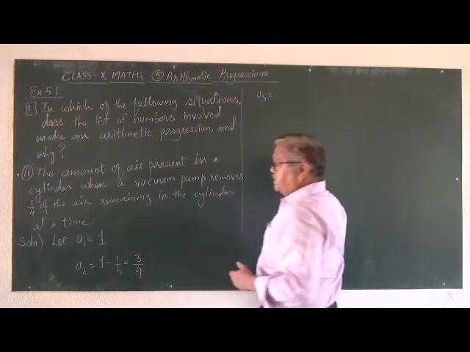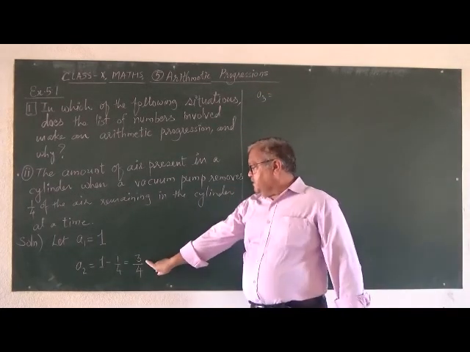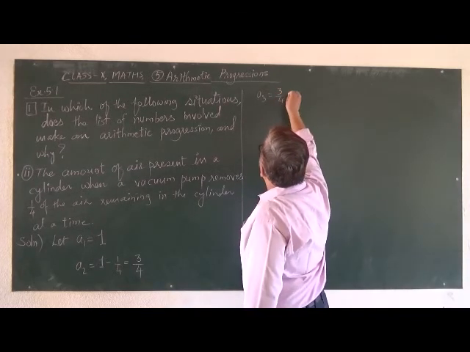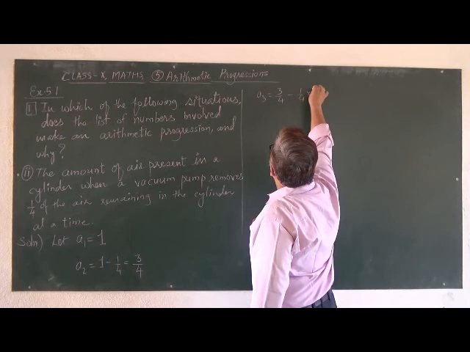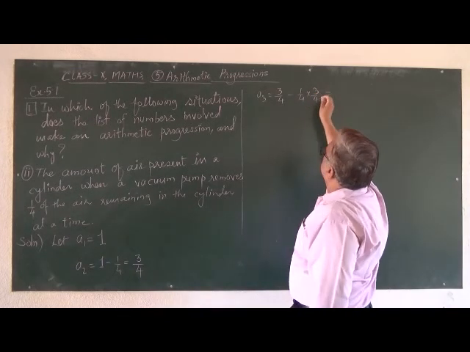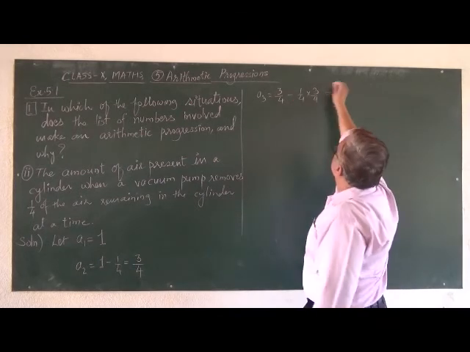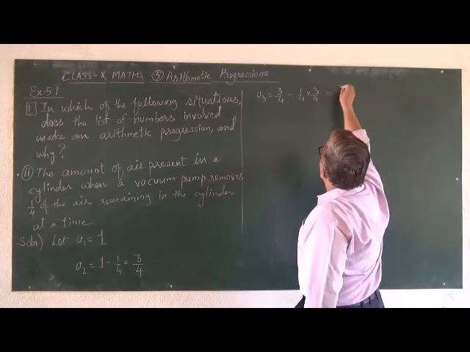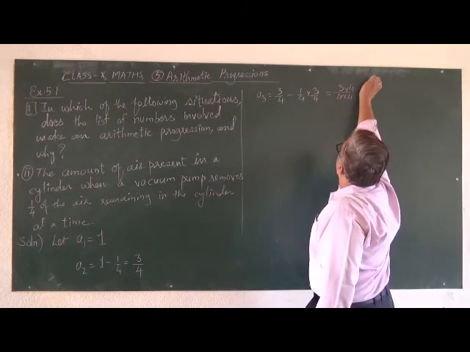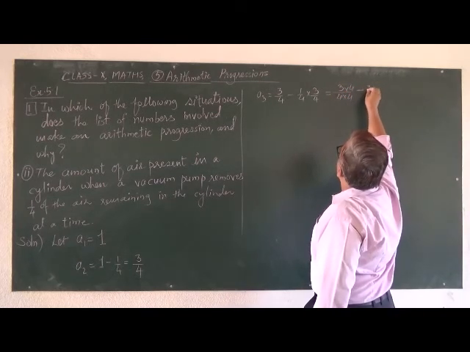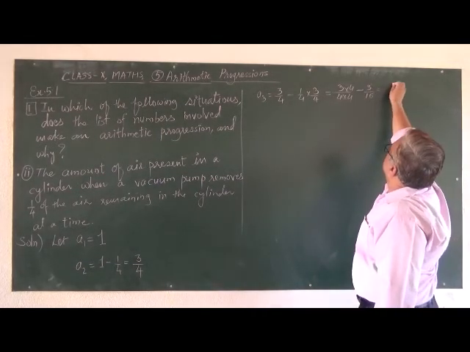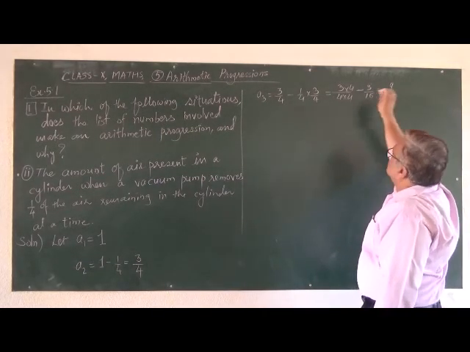Now what is remaining inside the cylinder? 3/4. So 3/4 minus 1/4 of 3/4, that is 3/4 minus 3/16, and you will get 9/16.